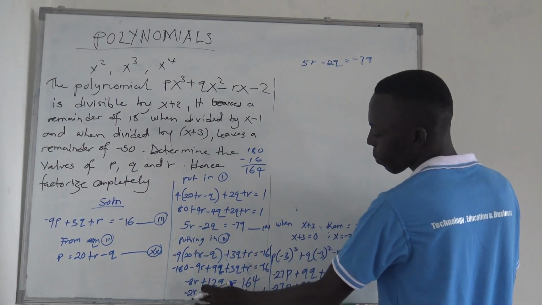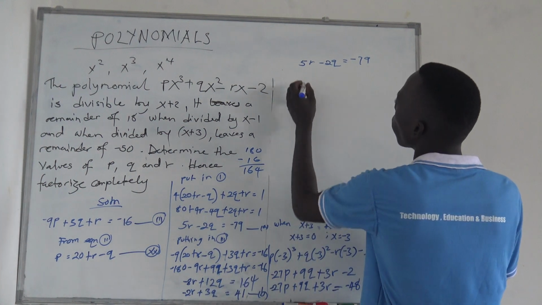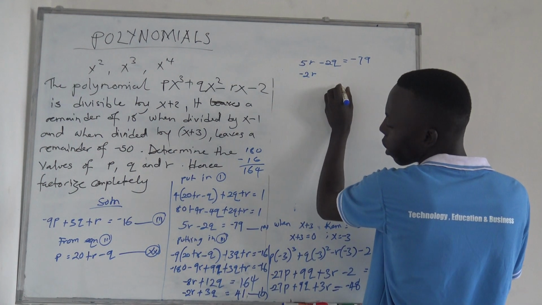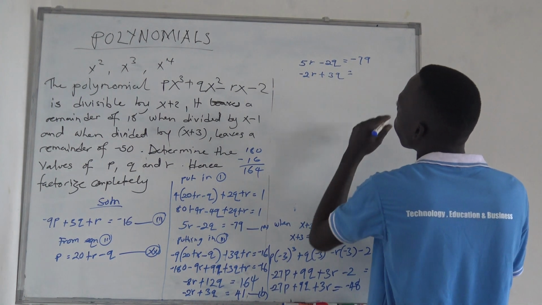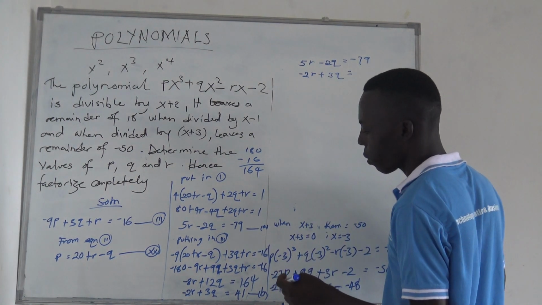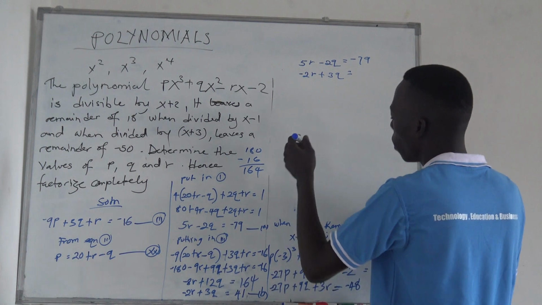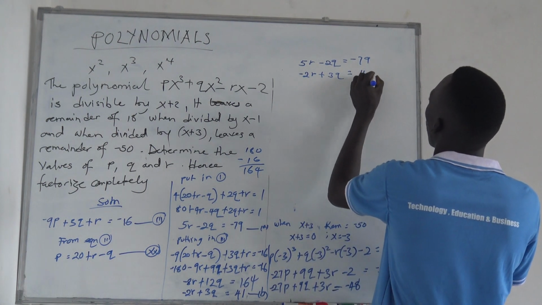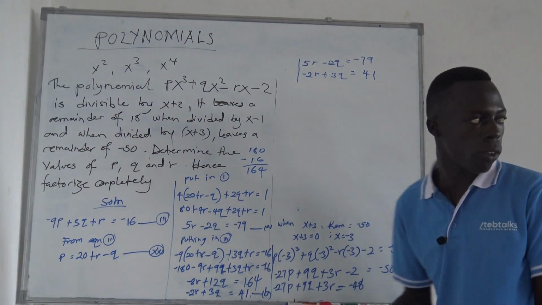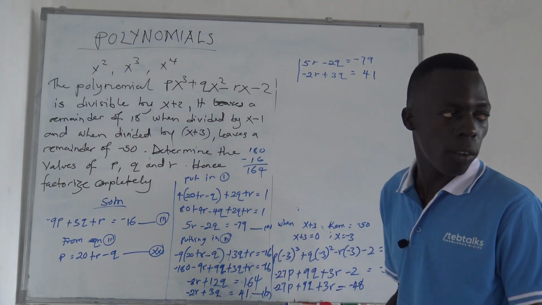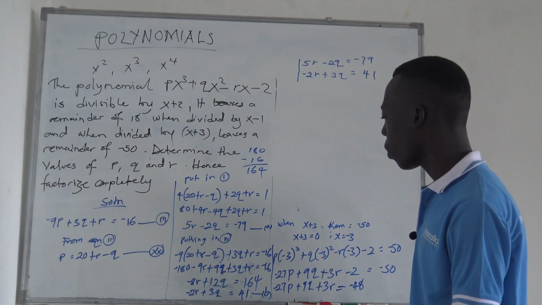Also, we have negative 2R plus 3Q equals 41. So now we have to solve these two simultaneous equations by using either method which you know.